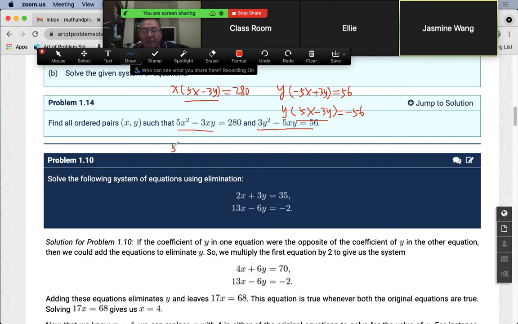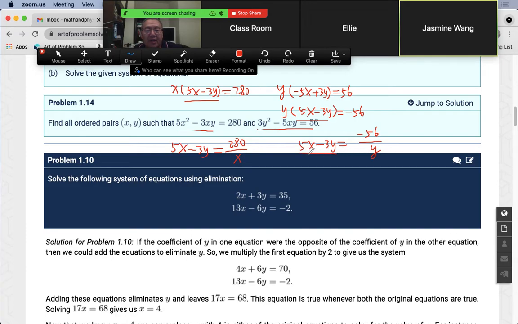We can write that 5x minus 3y equals 280 divided by x. From the other equation, we can get 5x minus 3y equals negative 56 divided by y.